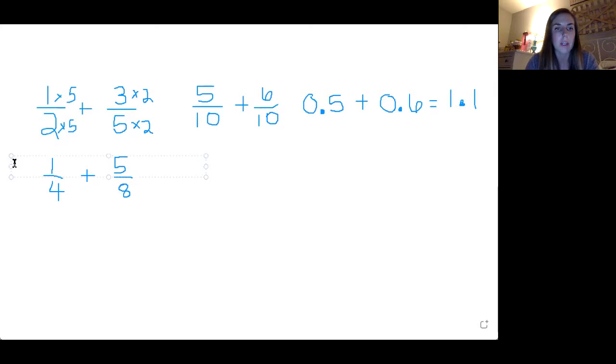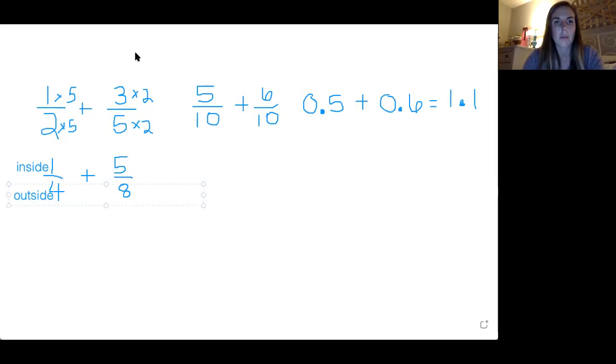The top number goes inside, and the bottom number goes outside. All right, so let's set this up. 1 is going on the inside and 4 is going on the outside.